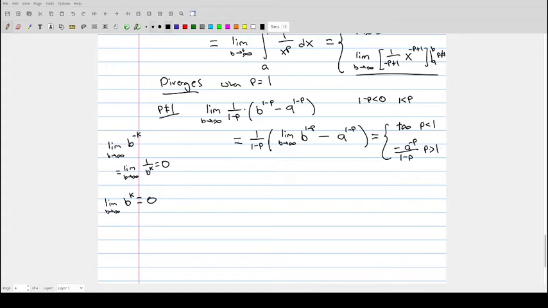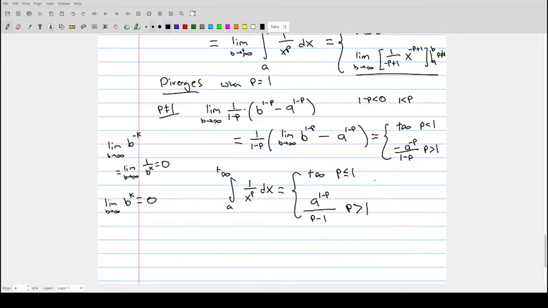Now, this is the same thing as saying that the improper integral from a to positive infinity of the function 1 over x to the p is going to be equal to positive infinity if p is less than or equal to 1, and it's equal to a to the 1 minus p over p minus 1 if p is any value greater than 1.